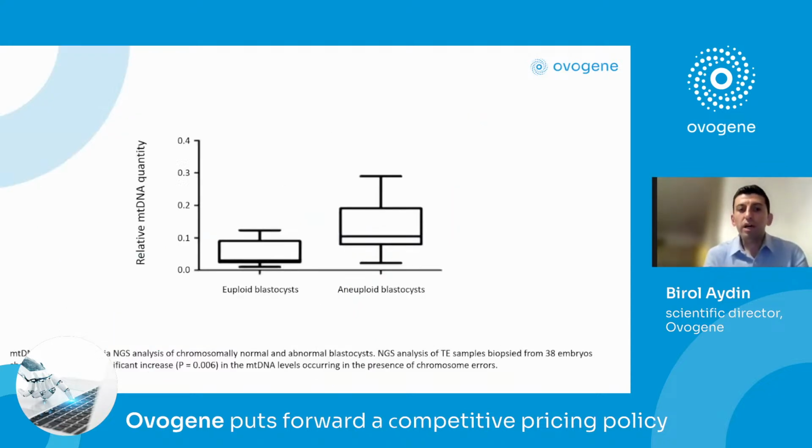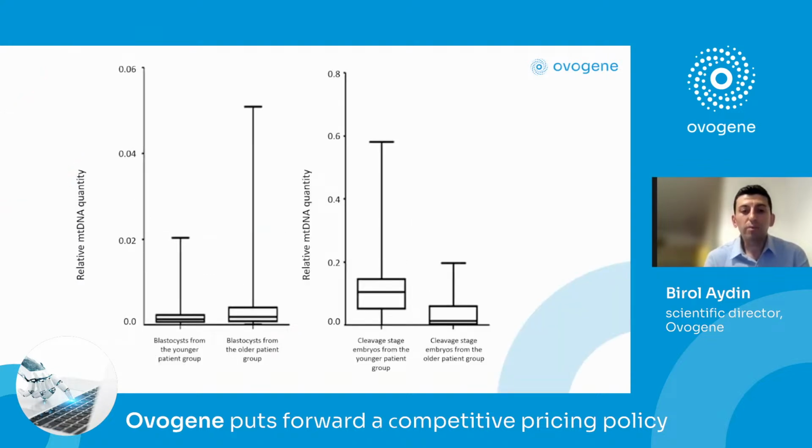If you look at advanced maternal age, mitochondrial DNA quantity is also correlated between euploid blastocyst and aneuploid blastocyst rate. So advanced maternal age mostly shows itself with high-rate aneuploid blastocysts.